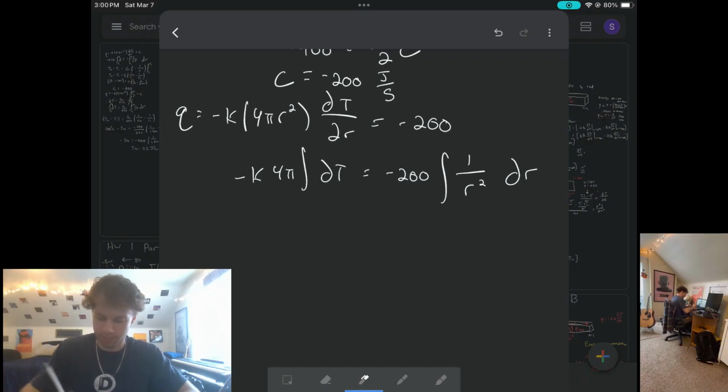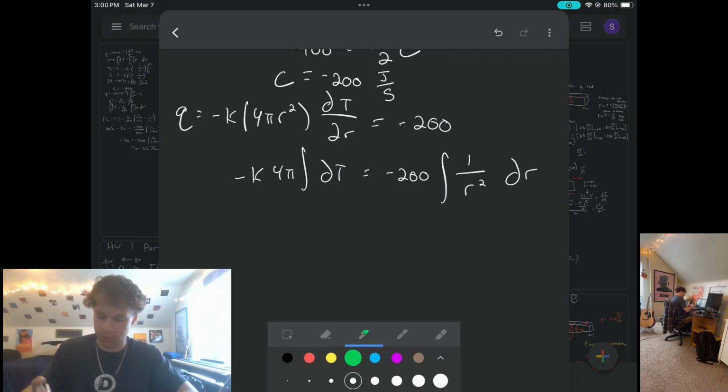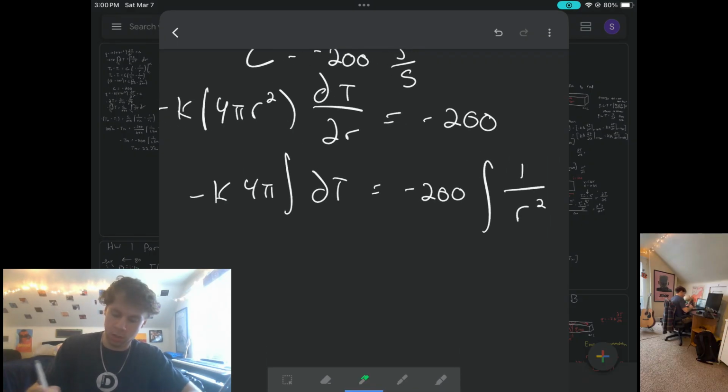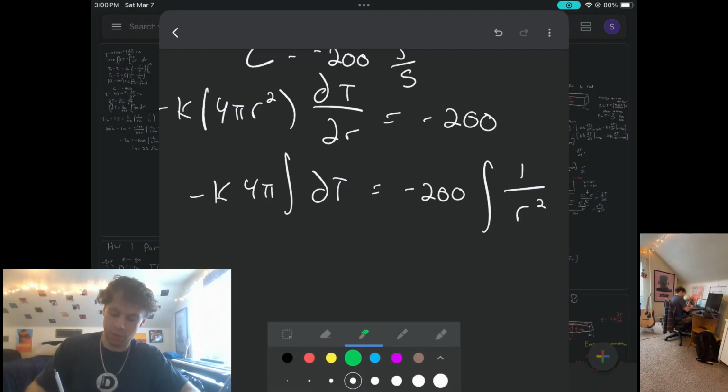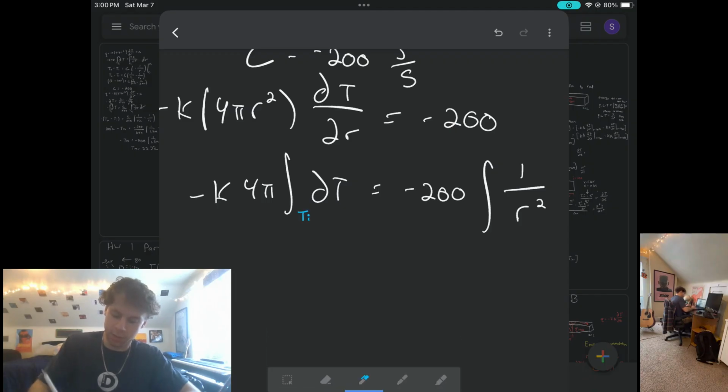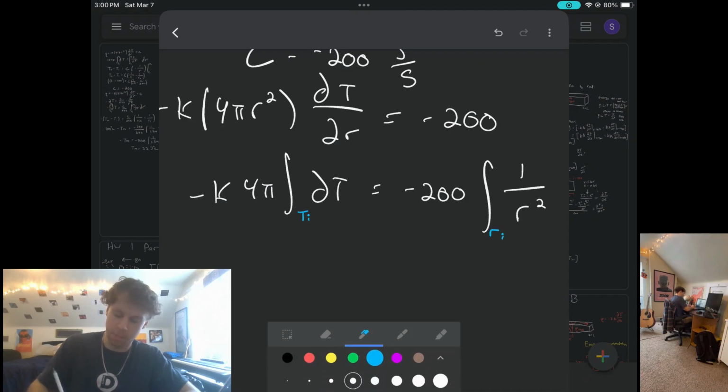Also, now we will integrate from our inside surface to our midpoint.